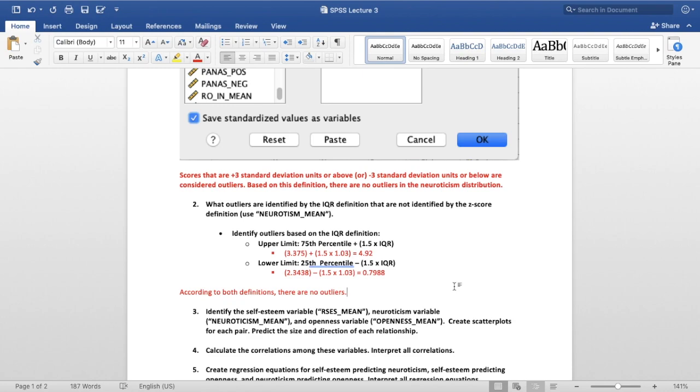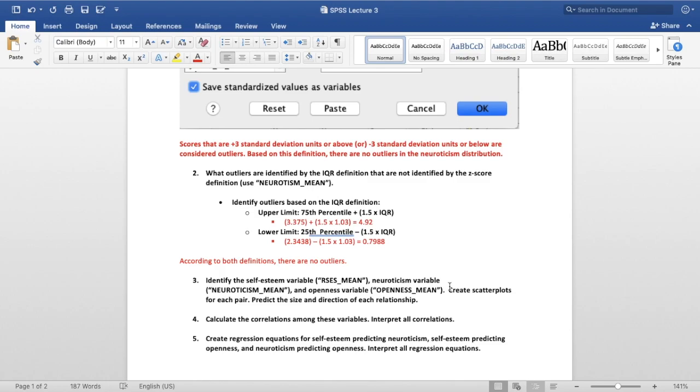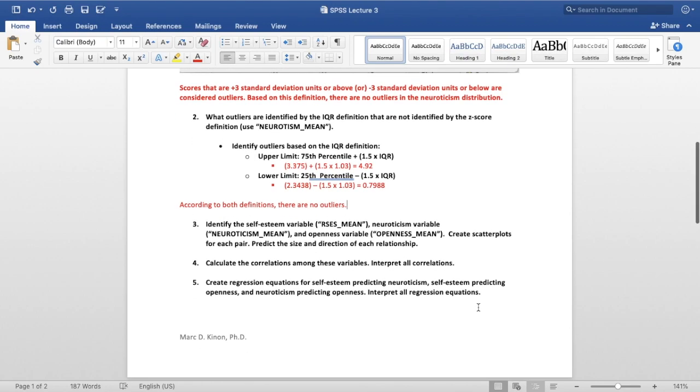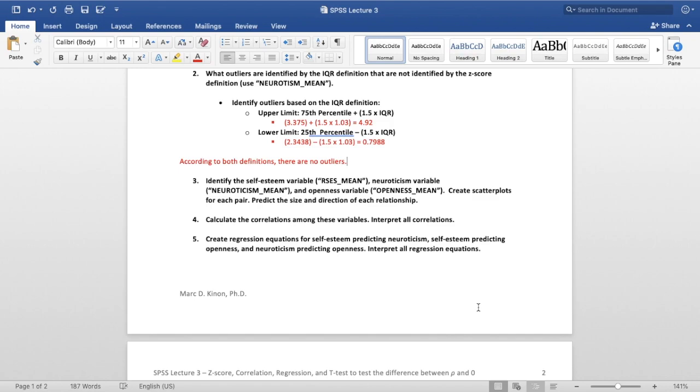Because the definitions for identifying outliers here are slightly different, it is very possible that one definition will identify outliers that the other definition doesn't identify. It is possible, and again, like anything, you change the definition, you're going to change the answer that you get. Okay, so let's go ahead and look at item 3.